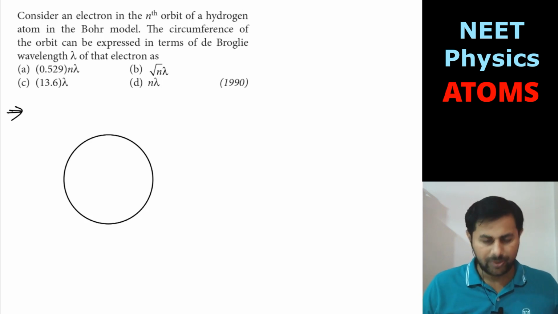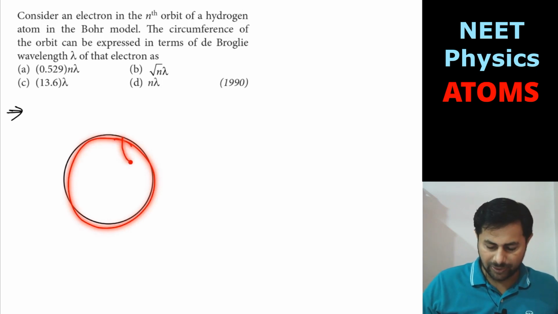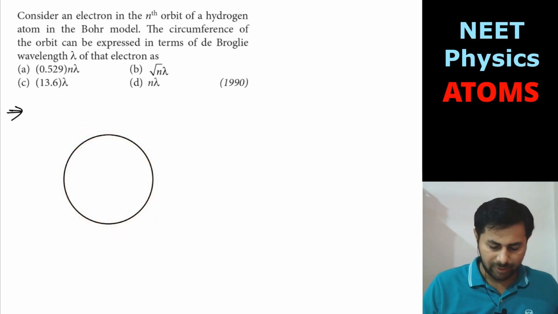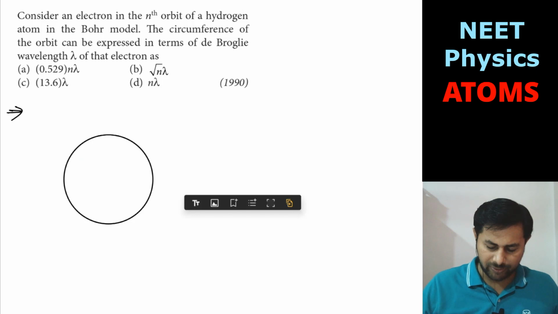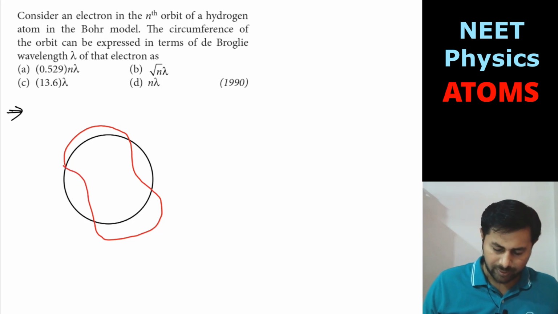If you think of electrons as matter waves, because it is moving in a closed path, the matter waves associated with the electron will be stationary waves. So here stationary waves will be formed. So the distance covered in a round trip for the stationary waves must be equal to what?